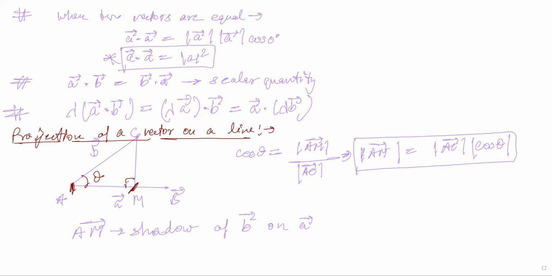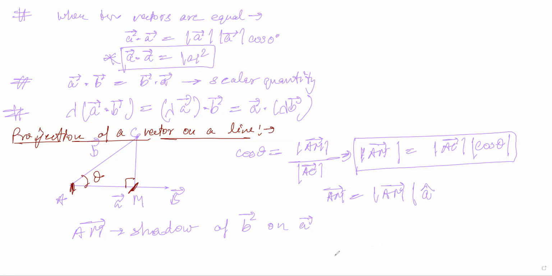And if you want to find out the vector AM, we can easily find it using the unit vector of A, because the unit vector gives us the direction towards A, and it has magnitude 1. So the magnitude will be equal to the magnitude of AM, which we can find out using vector AC. Vector AC will be given by vector B cos theta. So vector AM would be the magnitude of AM into A cap.